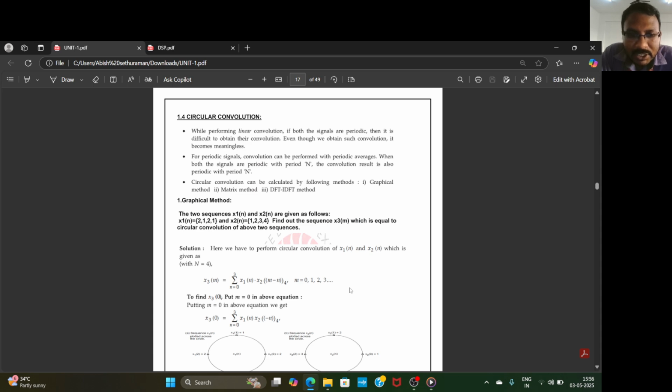Initially we check the problem: the lengths must be equal, and only then do we proceed. If they are not equal, we add zeros, which is called zero padding. That is an important 2 mark question. Then based on that we follow the three methods we have seen in these examples.